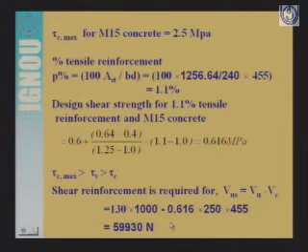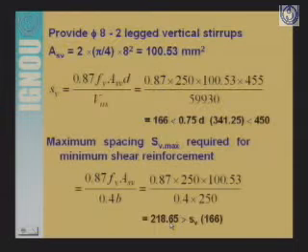This value we get from this formula. Now let's decide that we provide 8 mm diameter 2-legged vertical stirrups, because this suggestion is given itself in the example problem that we have to provide the vertical stirrups only.